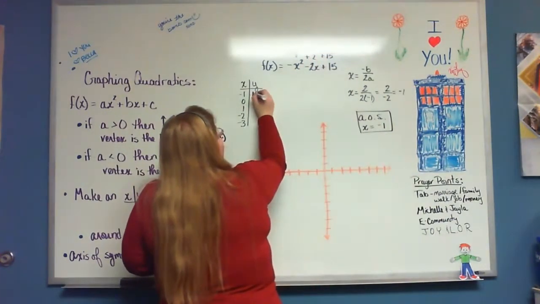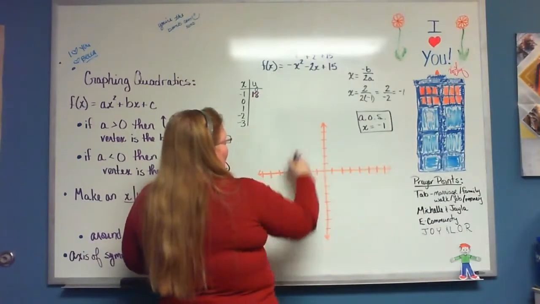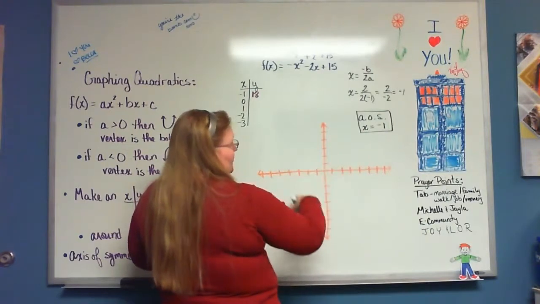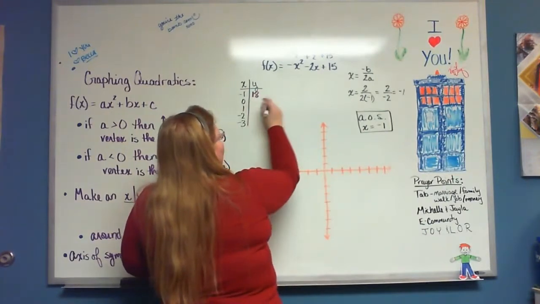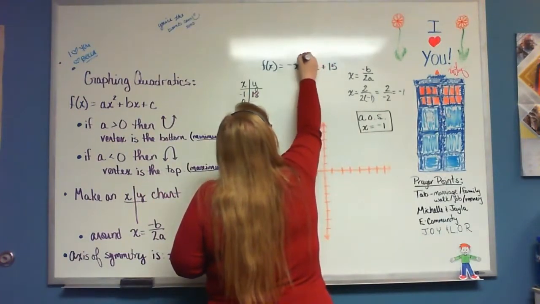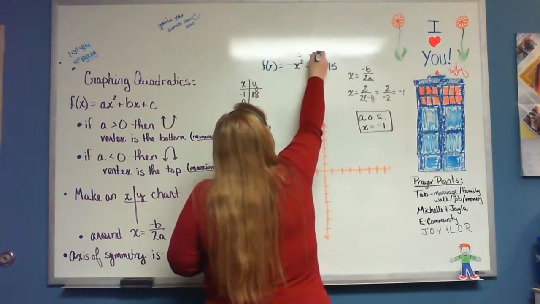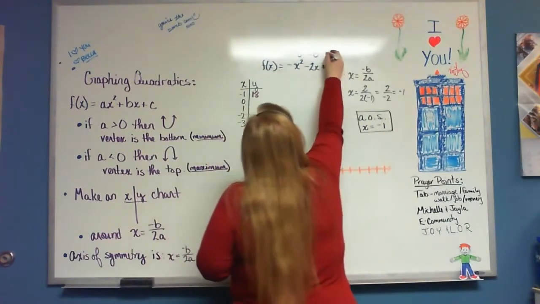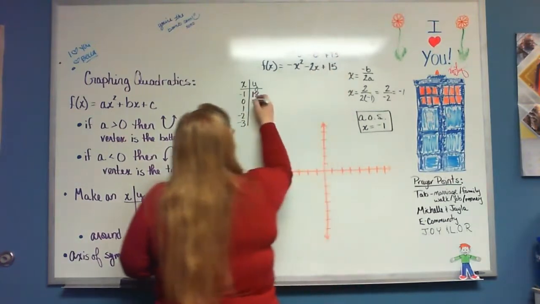Oh, that's a big 18. I'm not sure my graph goes up that high. Might have to change some things down here. Then for 0, minus 0 plus 15 gives me 15.